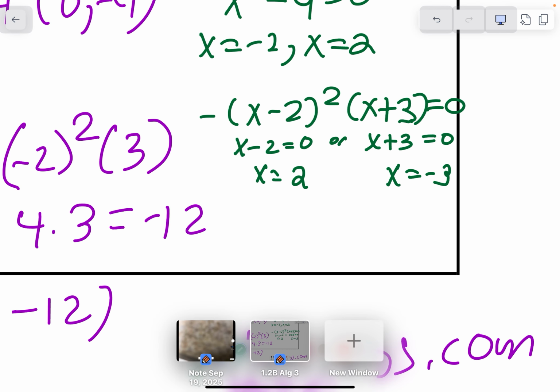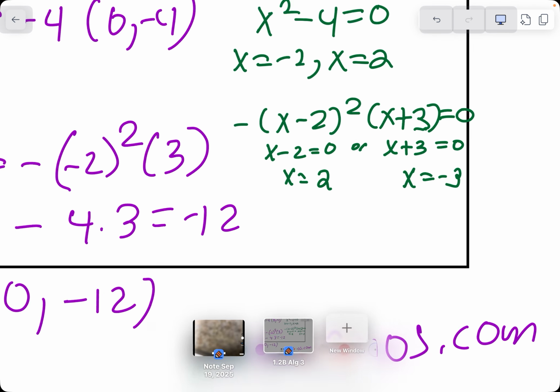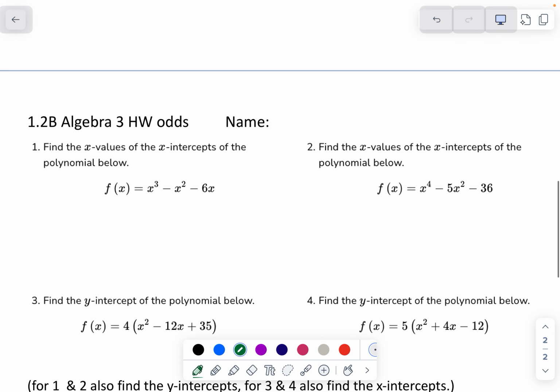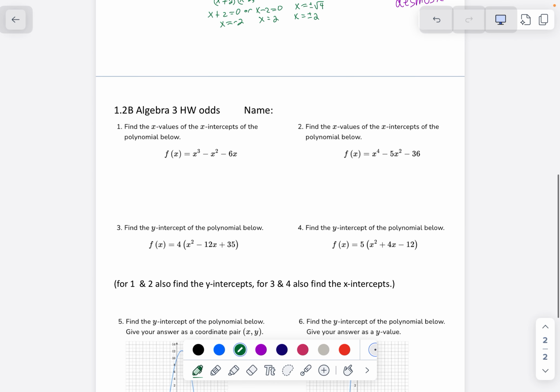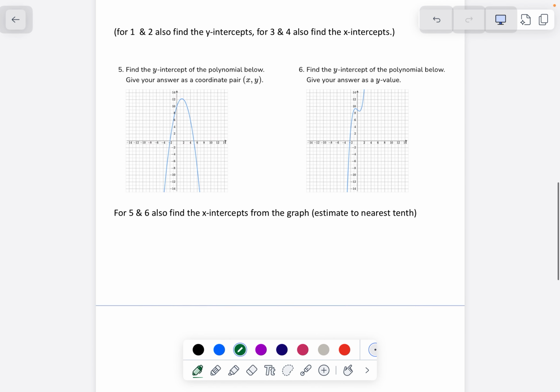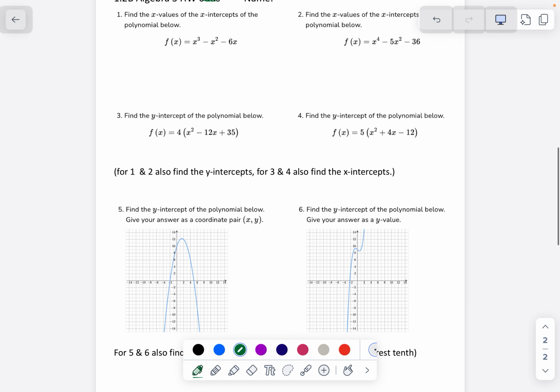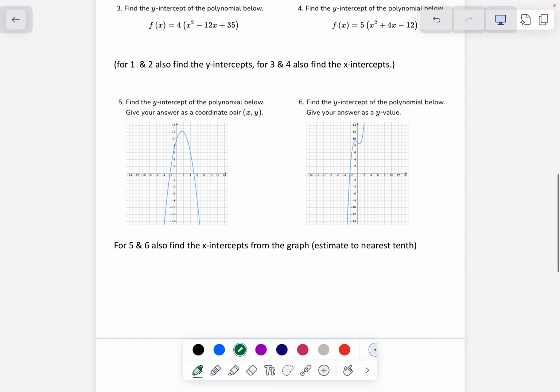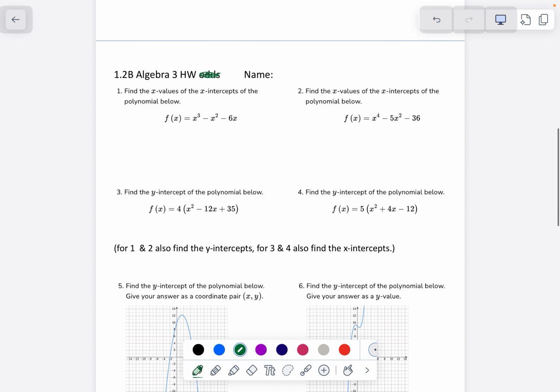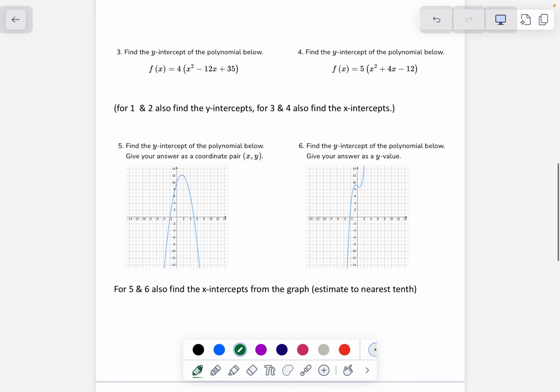Everybody good with that? Okay, so now let's talk about the homework. And it says odds again, don't ignore that. Okay, so there are only 4 problems about x and y intercepts, and then there are 2 problems about finding the y-intercepts and x-intercepts from the graph.